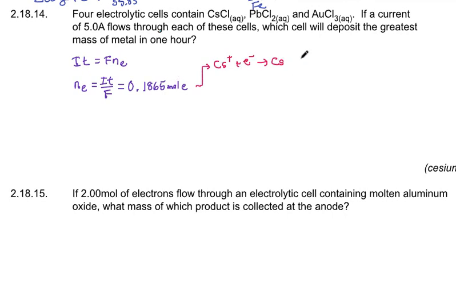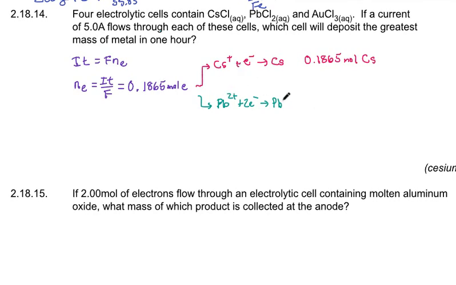1-to-1 ratio means we're going to get 0.1865 moles of cesium. We'll get the masses in a second. For lead, the lead ion must be +2 because it's got 2 chlorines on it. So for that one, we're talking about lead 2+ plus 2 electrons producing lead metal. 0.1865 times 2, or I'm sorry, divided by 2, right?